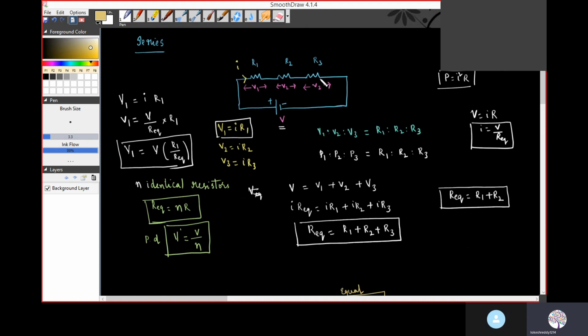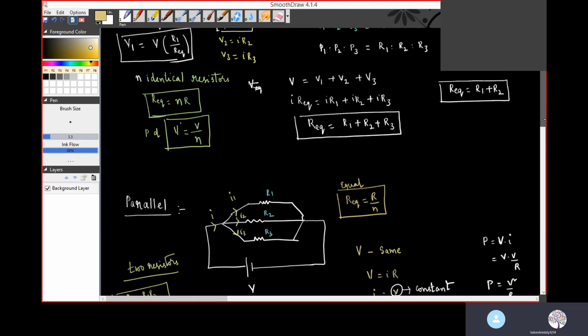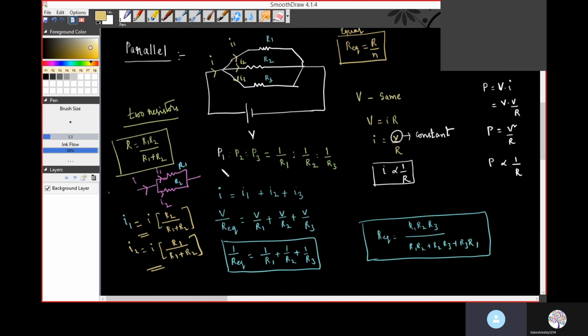If you use series combination and one of them is not working, then the remaining don't work. Household appliances are basically connected in parallel.